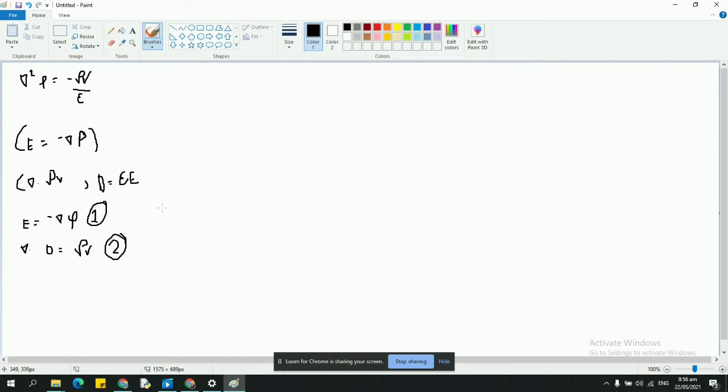So here is the solution. First, we need to evaluate the divergence of electric flux density, which is equal to the total volume charge density.